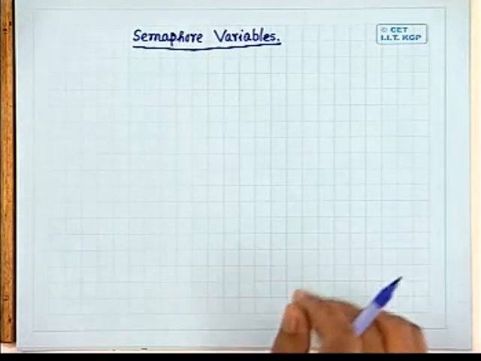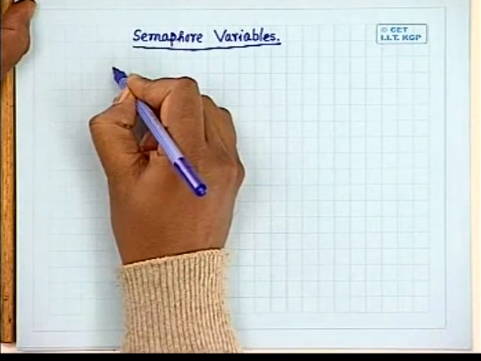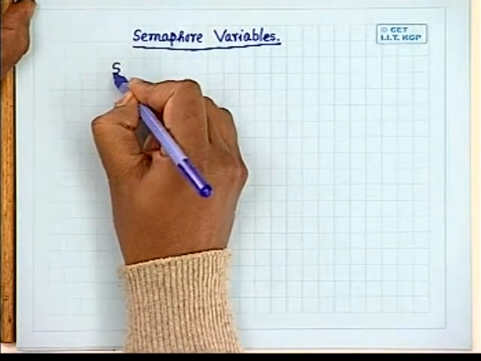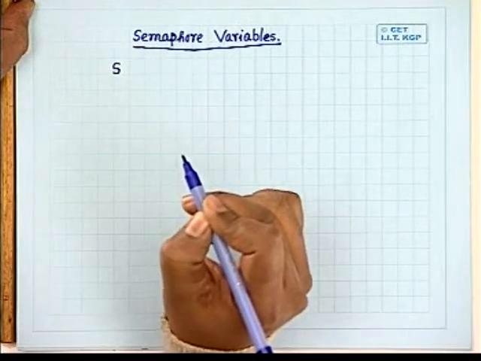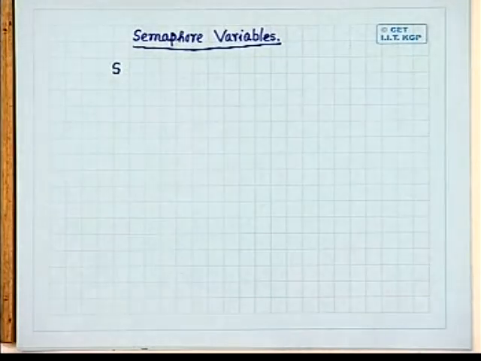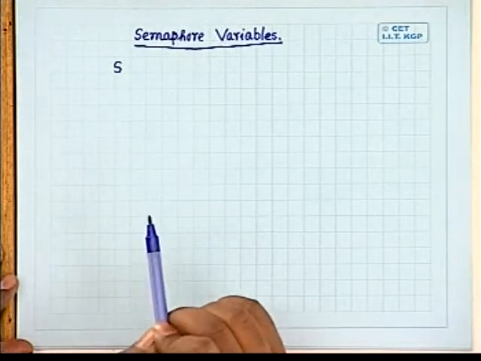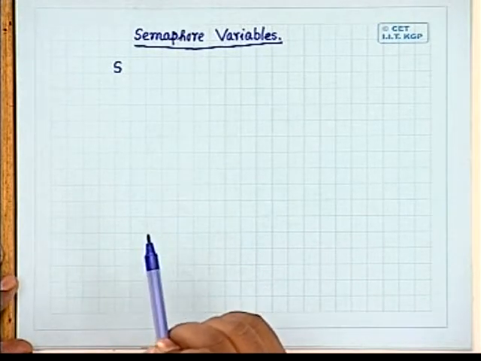Okay. So a P operation is defined like this. If I define S to be a semaphore variable, the operations that I can do on S is, I can initialize the value of S, or I can operate this variable S only through two operations, P(S) and V(S).